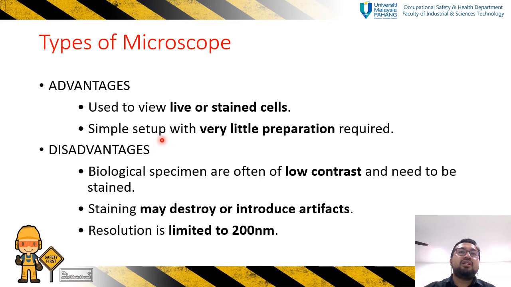Simple setup with very little preparation required, very easy. But the disadvantage is that biological specimens are often of low contrast and need to be stained. We usually use staining so the specimen appears clearer. We have Gram stain, Gram positive, Gram negative, and many other stains that colour the specimen so it is visible. Staining may destroy or introduce artifacts. The bad thing about staining is that it can destroy the authenticity of the microorganism's characteristics, and induce artifacts, meaning what we see is a damaged specimen.